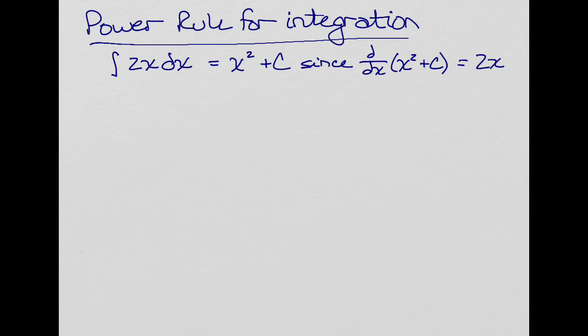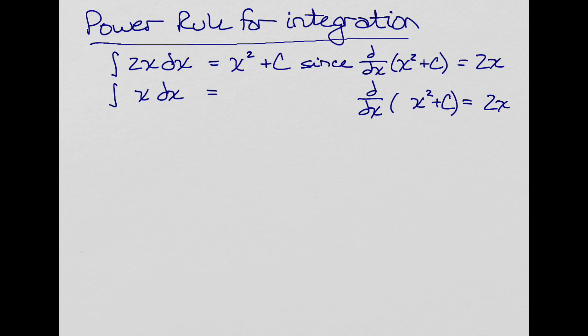For example, what if instead of 2x I just have x? Well, the antiderivative for x has to be something to do with x squared, because when I take a derivative of x squared, I get x to the first power. But the constant isn't going to work. If I try to take the derivative of x squared plus a constant, I'm going to get 2x. I don't want to get 2x. I want to get x.